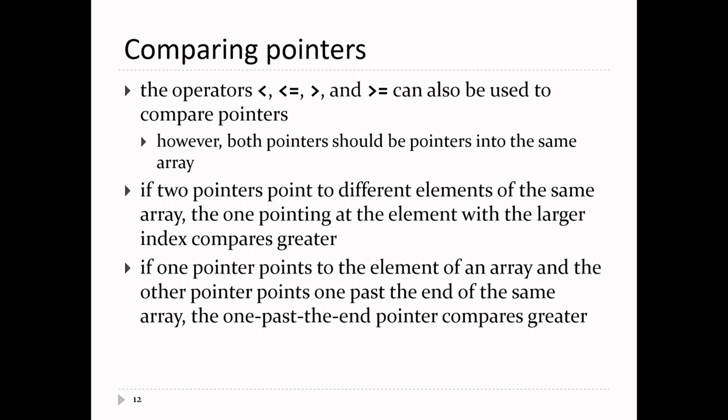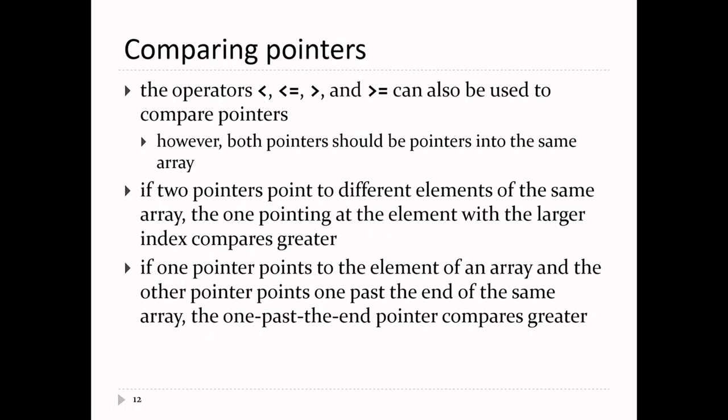Now, if you can compare two pointers for equality, it kind of makes sense that you can also use less than, greater than, less than or equal to, and greater than or equal to to compare pointers. But this only makes sense if the two pointers that you're comparing are pointers into the same array. So what does less than do for pointers in the same array?